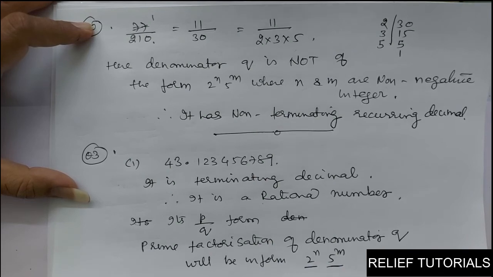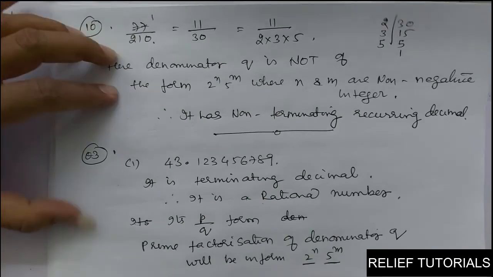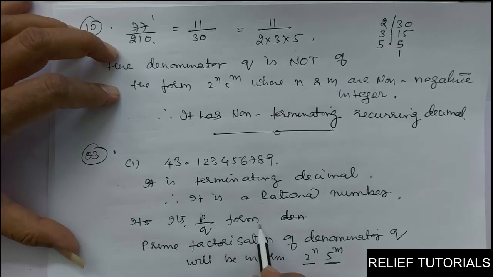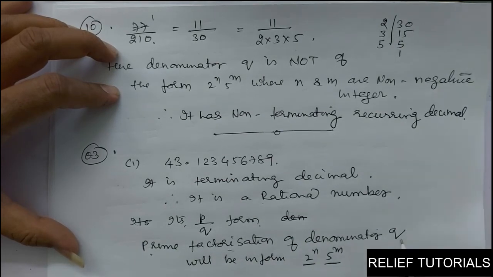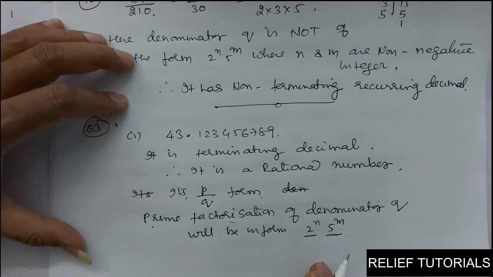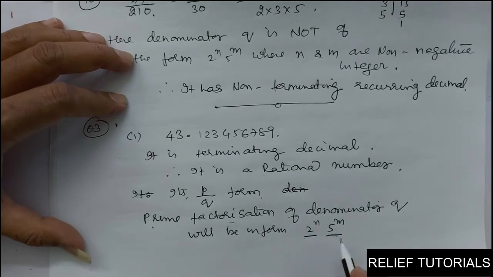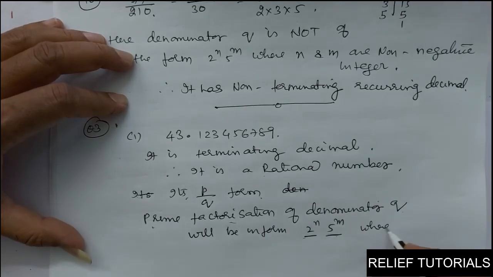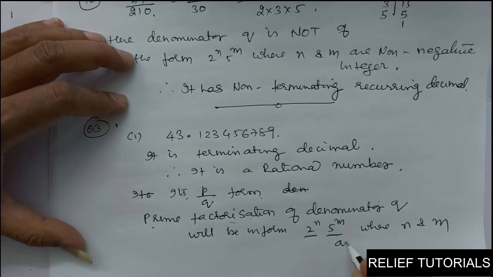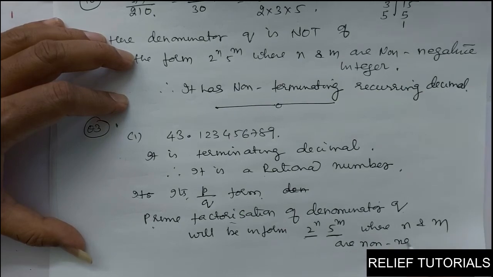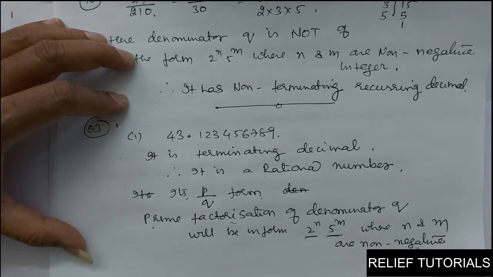Here it is mentioned that if it is a rational number of the form p by q, what can you say about the prime factors of q? It will be in this form, where n and m are non-negative integers. We have done this.